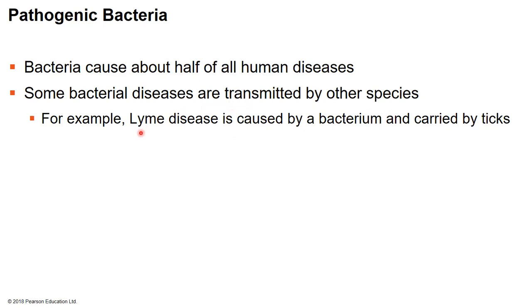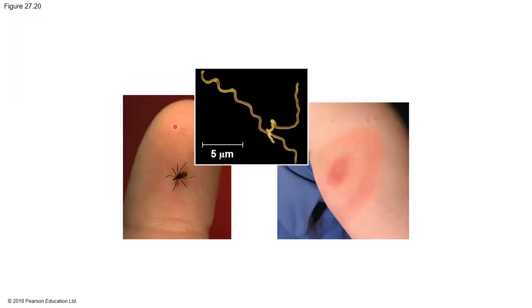So for example, Lyme disease is caused by a bacteria that is transmitted. This bacteria that causes Lyme disease is called Borrelia. And this bacteria is found inside ticks.